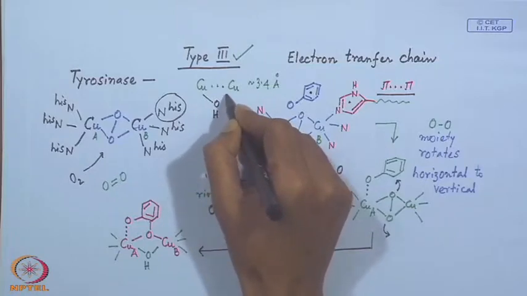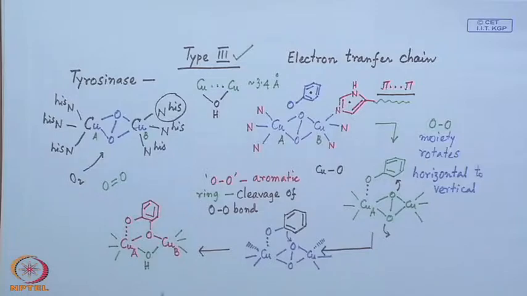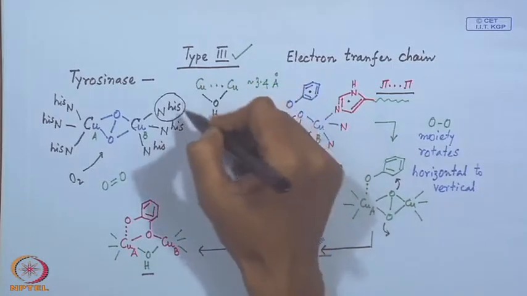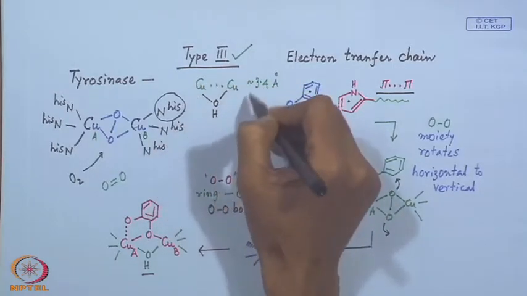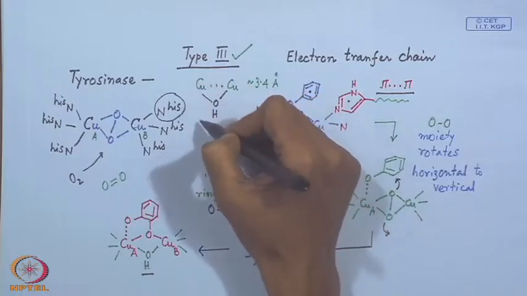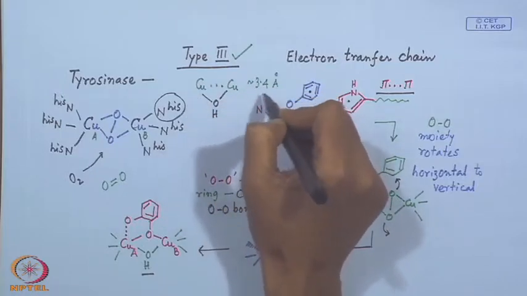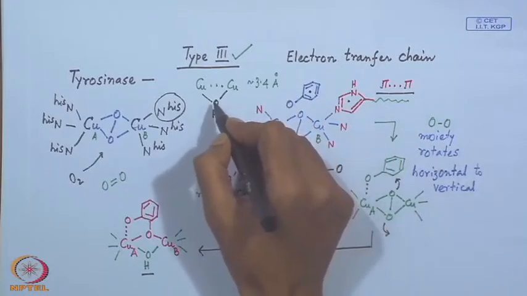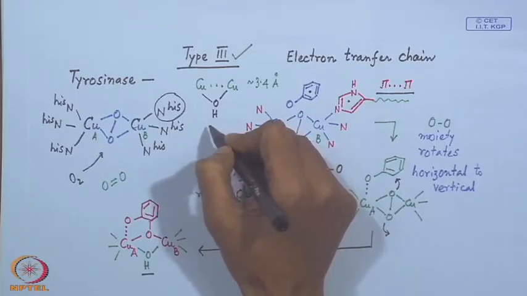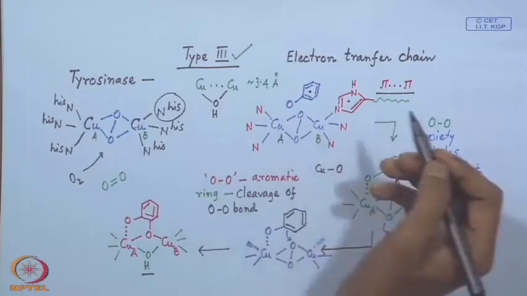Here this is a main bridging group also, this what you have generated, the hydroxide bridging. So, this particular entity, that means the core structure, you can call it the core structure of type 3 copper proteins, where you know that it has a copper distance of this much, and this hydroxide function is attaching to one copper.